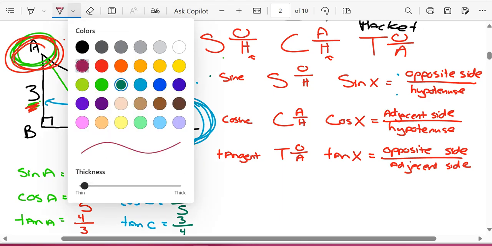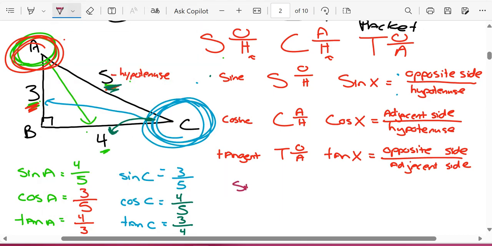All right, so now let's move on to angle B. Sine B, cos B, tan B. All right, so here we are for angle B. Now, from the start, most of you should be confused.